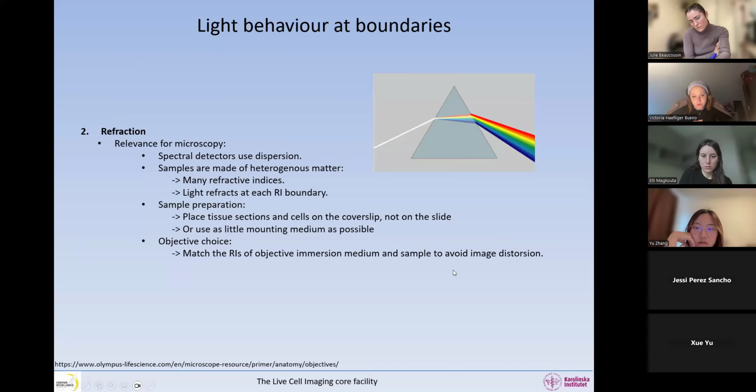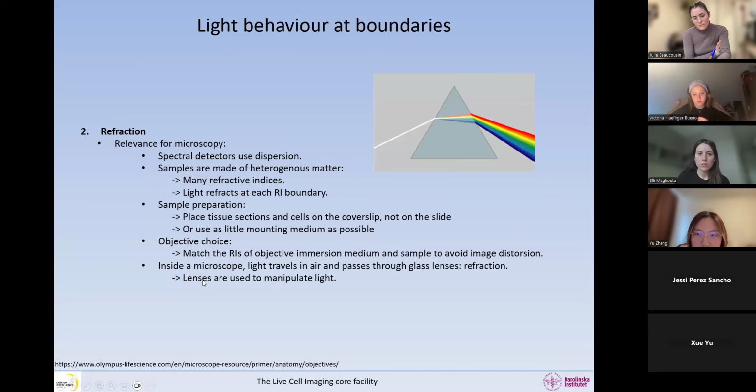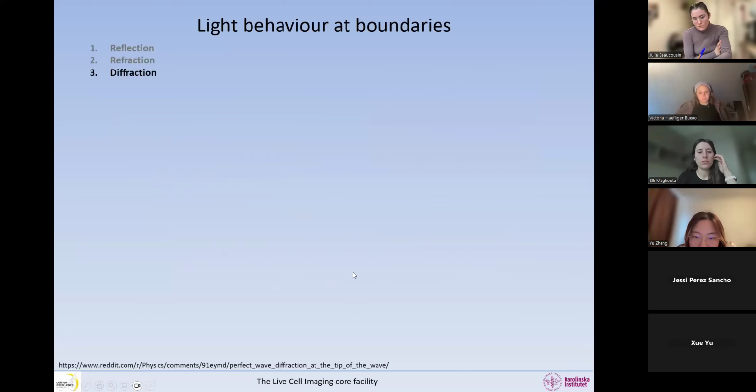So we will talk more about all this, but as you can see, refraction and dispersion have a lot of consequences for us who image samples. Also, inside the microscope, light travels in air, but then every time it goes through a lens, they're made of glass, so there is refraction as well. So we can use lenses to manipulate light, and I will tell you a little bit more about this later.